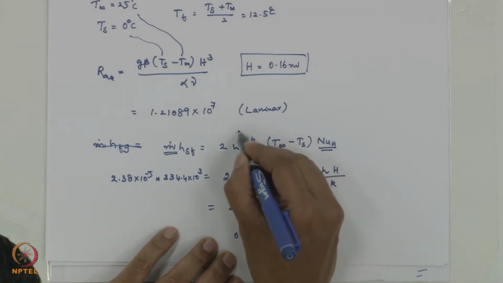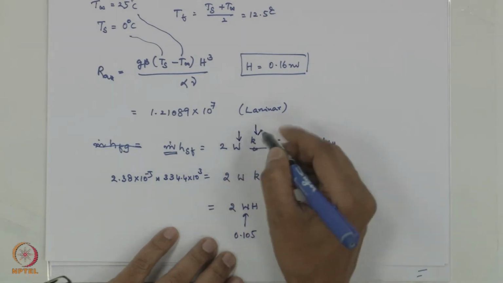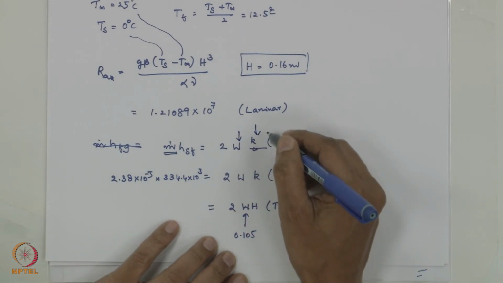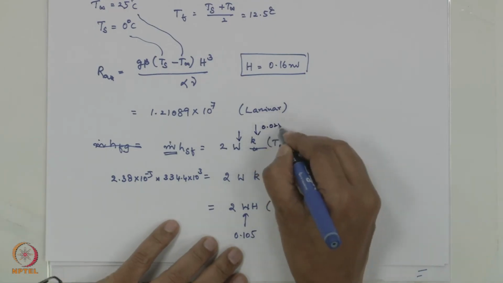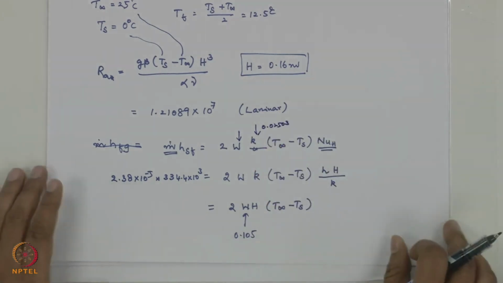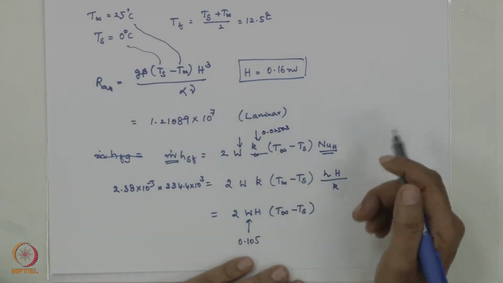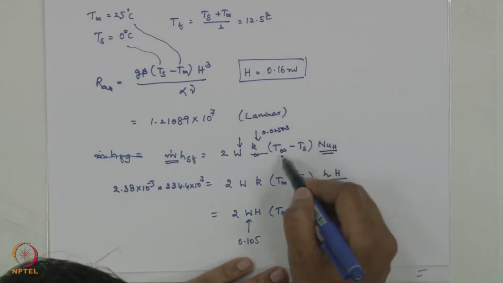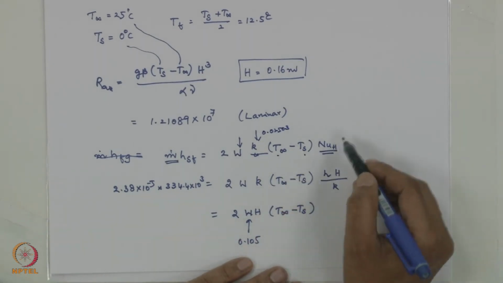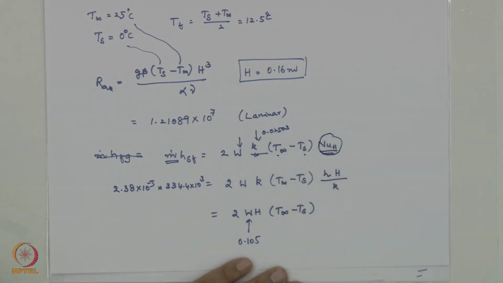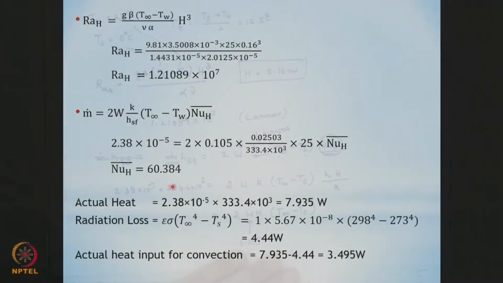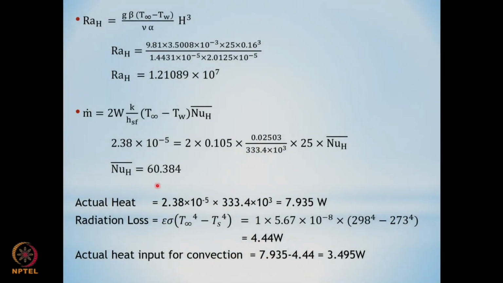Thermal conductivity, sorry, it is for the air, 0.02503, into T infinity minus Ts is 25, and I can calculate the Nusselt number. You get the Nusselt number as 60.384. But taking the whole of this m dot hsf is wrong, because radiation losses are there.